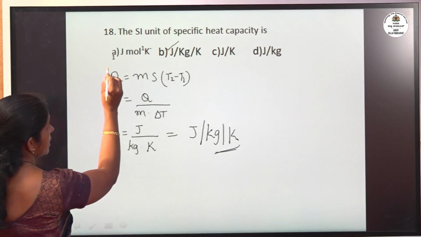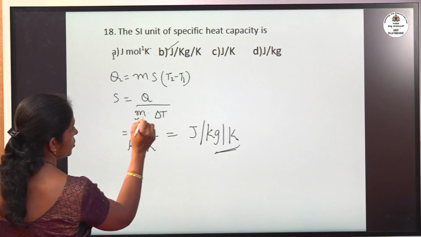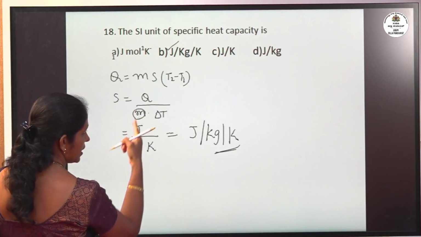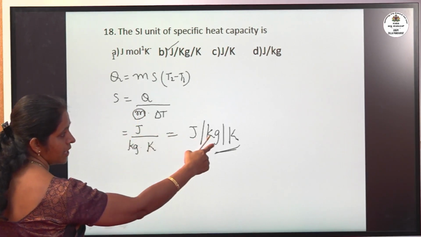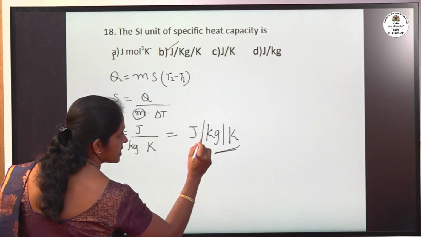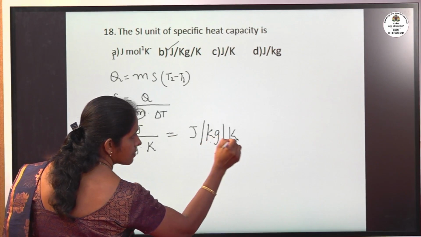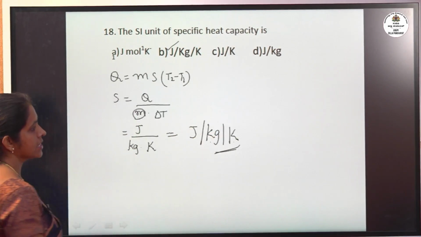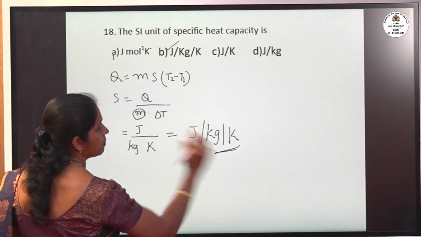By definition, specific heat is the amount of heat required to raise the temperature of 1 kg of substance by 1 Kelvin. It is clear that the unit is joule per kg per Kelvin.